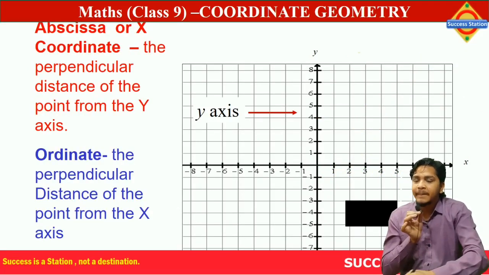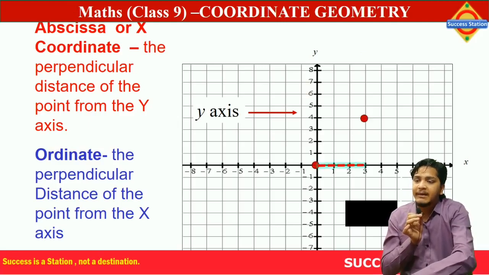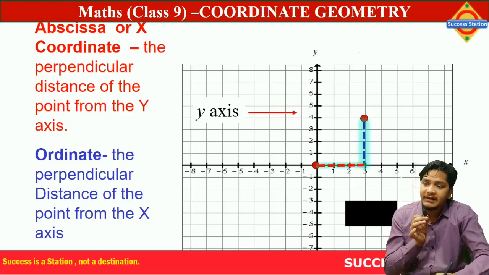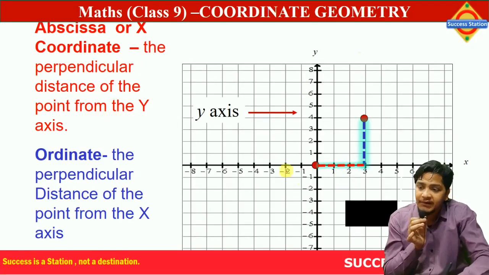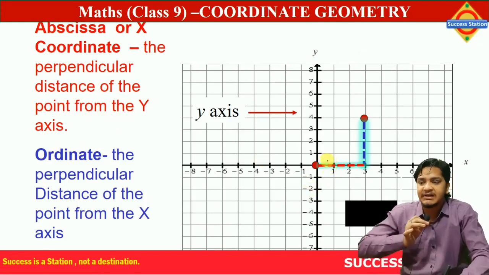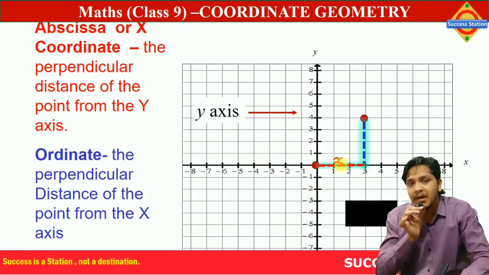Clear? So abscissa or the x coordinate, as you can see in red, is the perpendicular distance of the point from the y-axis.